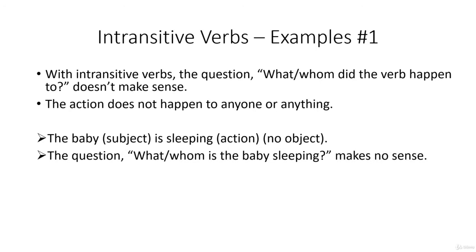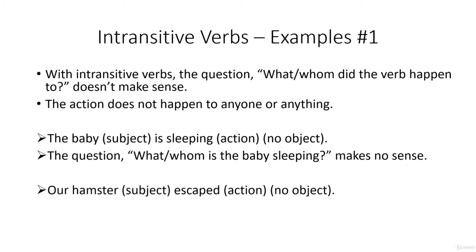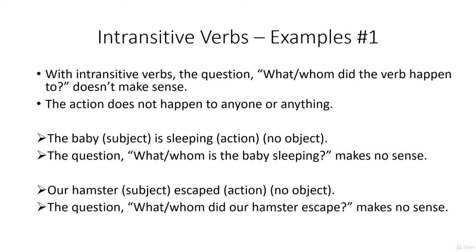So this question about what or whom is the baby sleeping, it really doesn't make sense. Similarly, our hamster escaped. So the hamster is the subject, escaped is the action or verb, no object in this sentence. So this question again really makes no sense. And these verbs are then intransitive because they have no object.